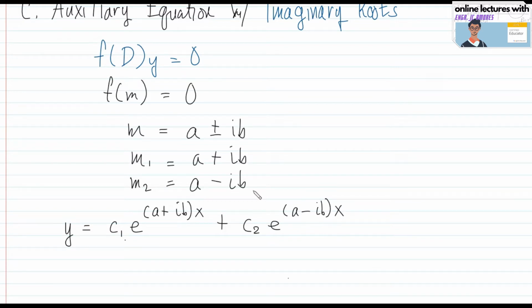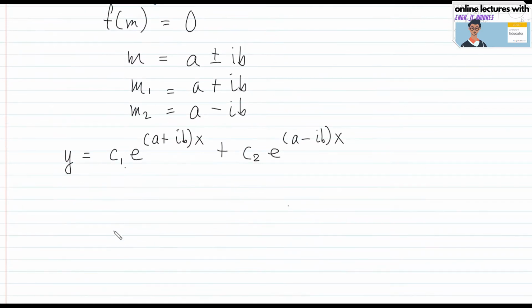Now before we proceed, let me introduce a formula here: e raised to a plus ib times x is equal to e raised to ax times the quantity cosine bx plus i sine bx.